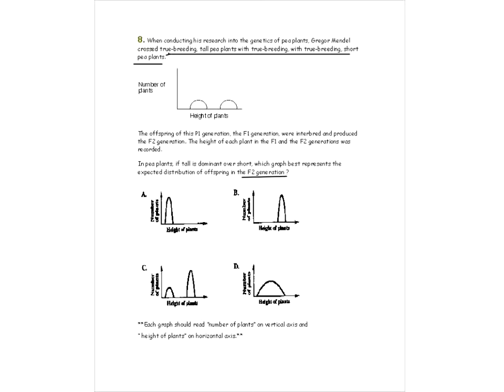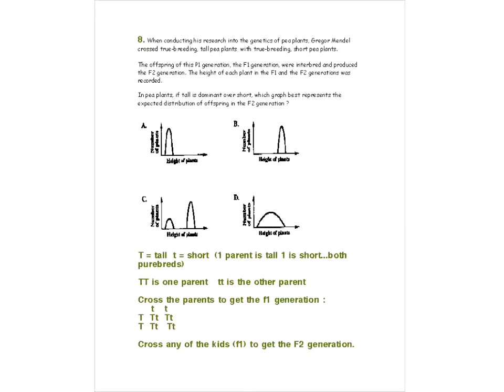So let's figure that out. So, go on to the next page. Okay, we said that one of the parents is going to be tall and true breeding. In other words, purebred, right?